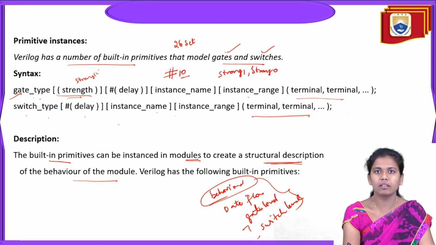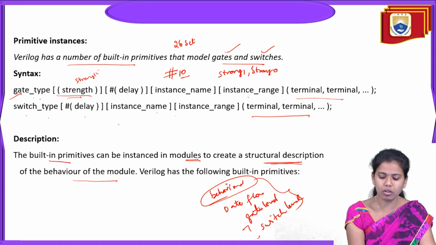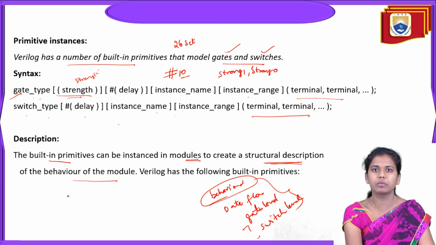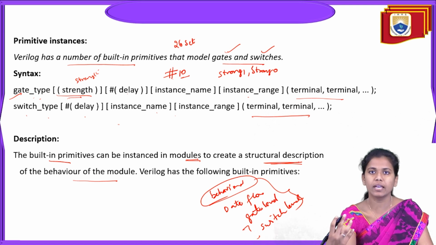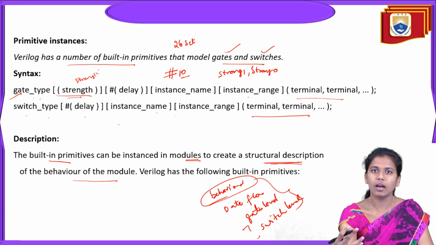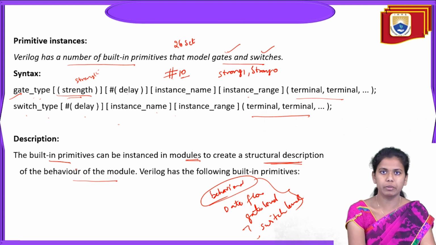Another name for behavioral modeling is algorithmic modeling. So the highest abstraction goes with the algorithmic modeling, but the rest of the three modelings are interrelated to each other. So Verilog has the built-in primitives. How these primitives help us is just to create structures. For the module that you are considering, the structure of that particular module, and the behavior of that particular model, can be achieved with the help of the built-in primitives.